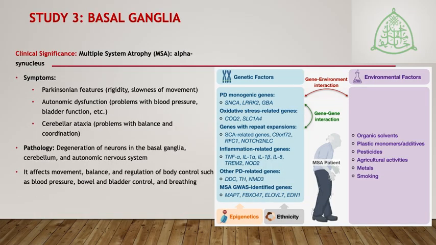So another condition also associated with the basal ganglia is the multiple system atrophy, which is called the MSA, and it's also highly associated with genetic factors, but we also have various environmental factors including plastic waste and pesticides.